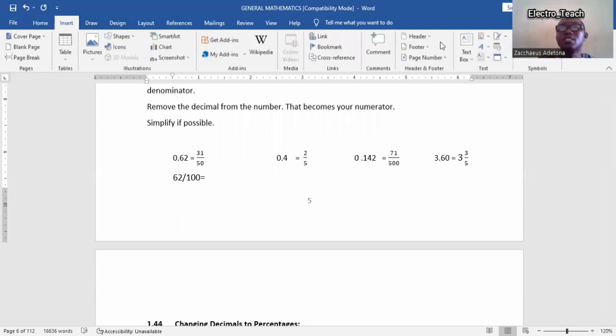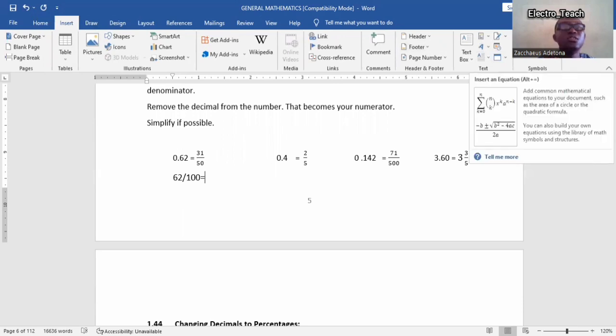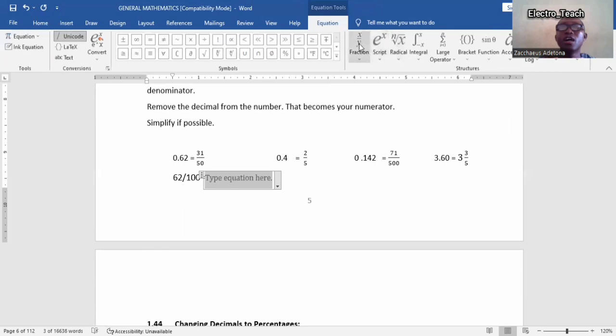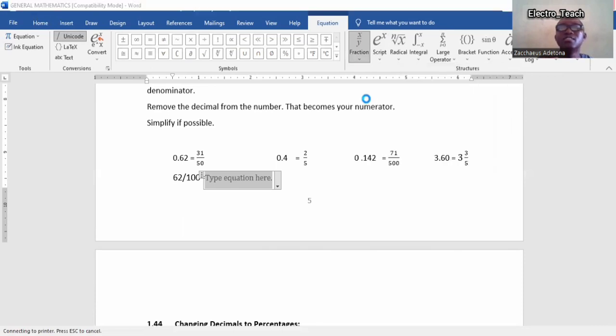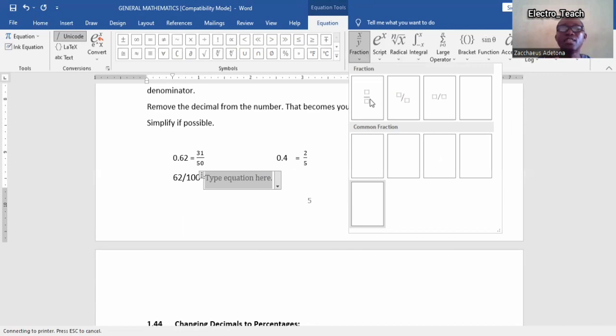Let me just insert the symbol so that we can have a proper fraction written out. Okay, this is taking too long. All right, it's now ready.